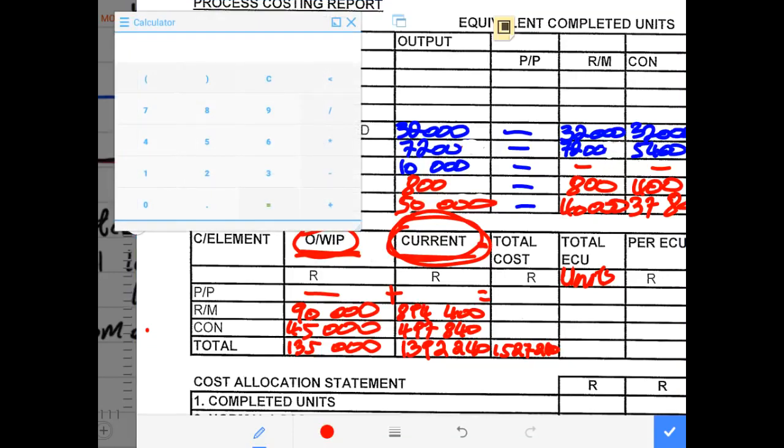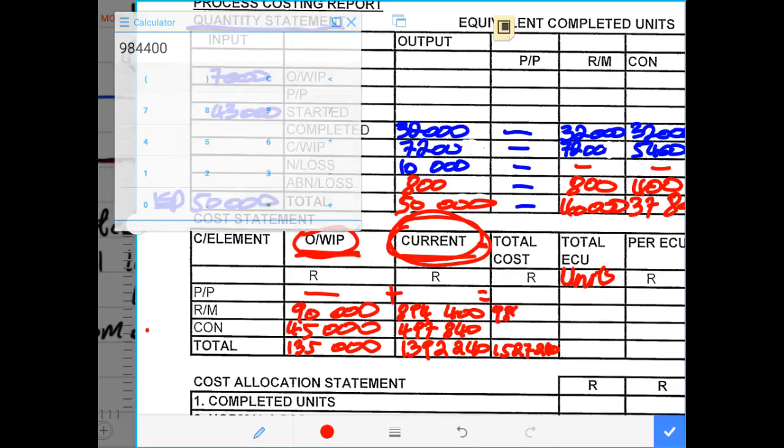Then we calculate the total of the raw material: 90,000 opening work in process plus 894,400 is 984,400.